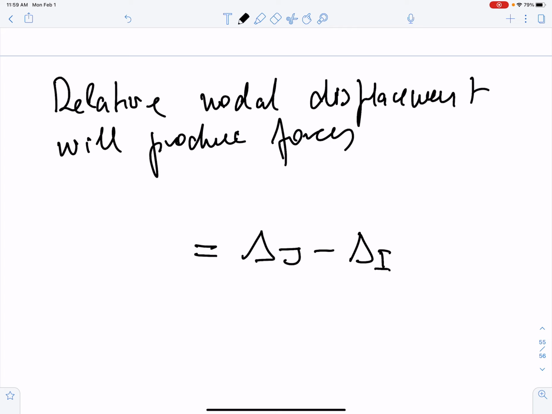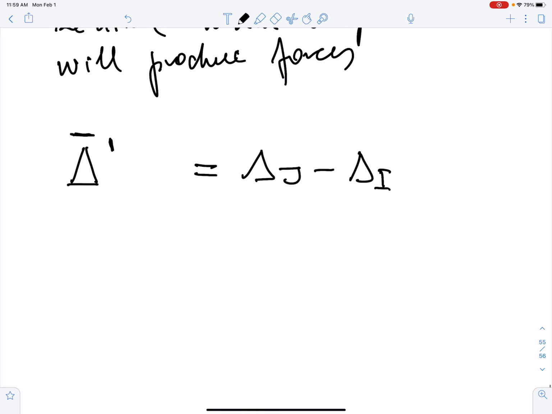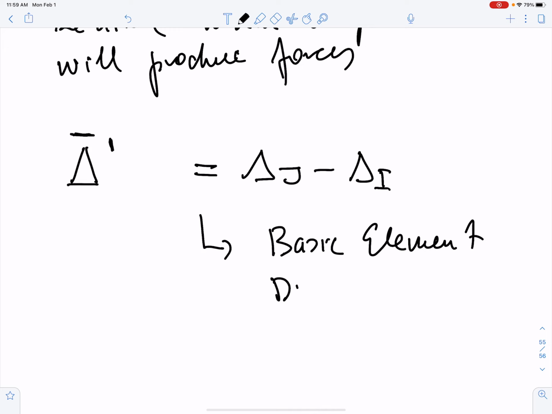Let me label this relative displacement, to foreshadow what's coming, by delta bar prime. That notation will surface later in the class, but think of this as the basic element displacement, meaning it's a displacement with all of the rigid body translations filtered out.